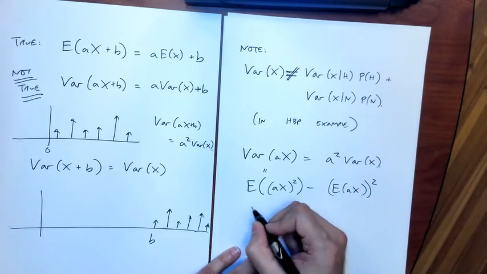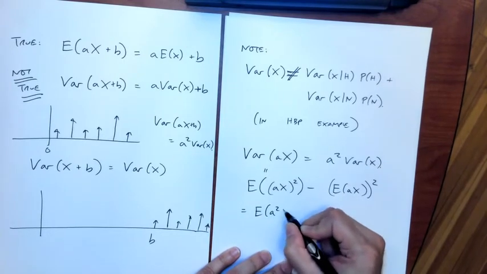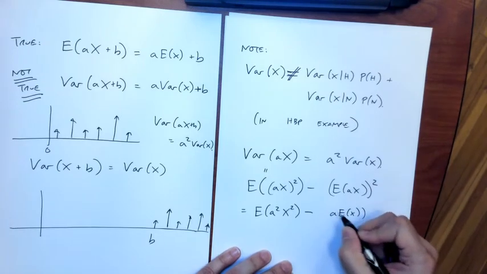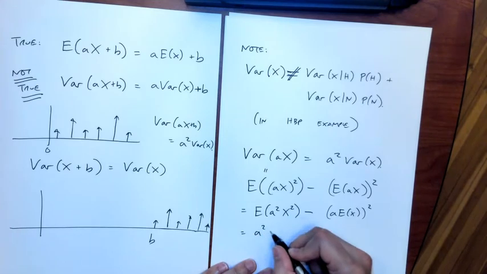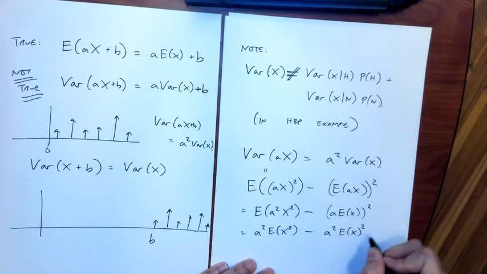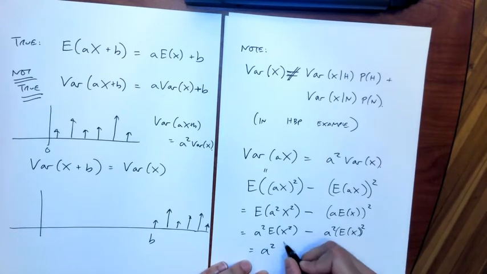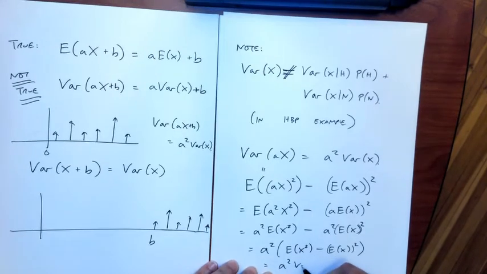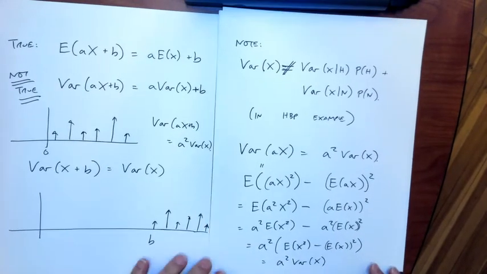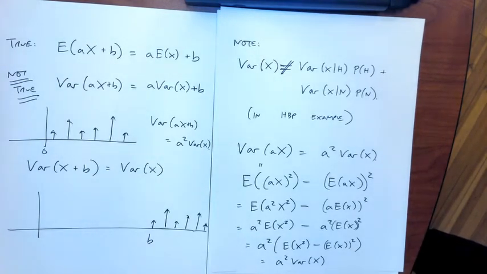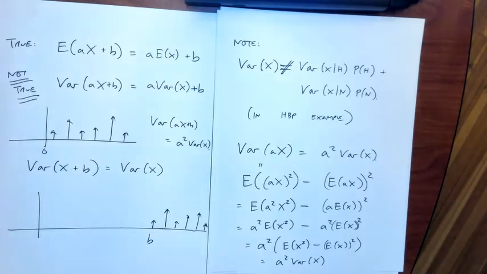So I have the expected value of a squared x squared minus, I know that I can pull the a out of the expected value here, squared, and then I can see this is just like this. So I guess I could have done that last lecture, but this is a good place to do it now.